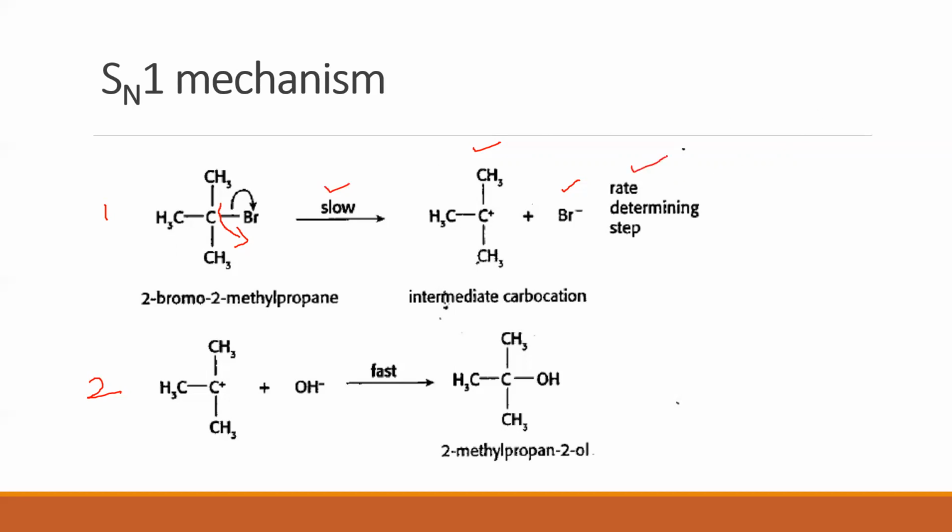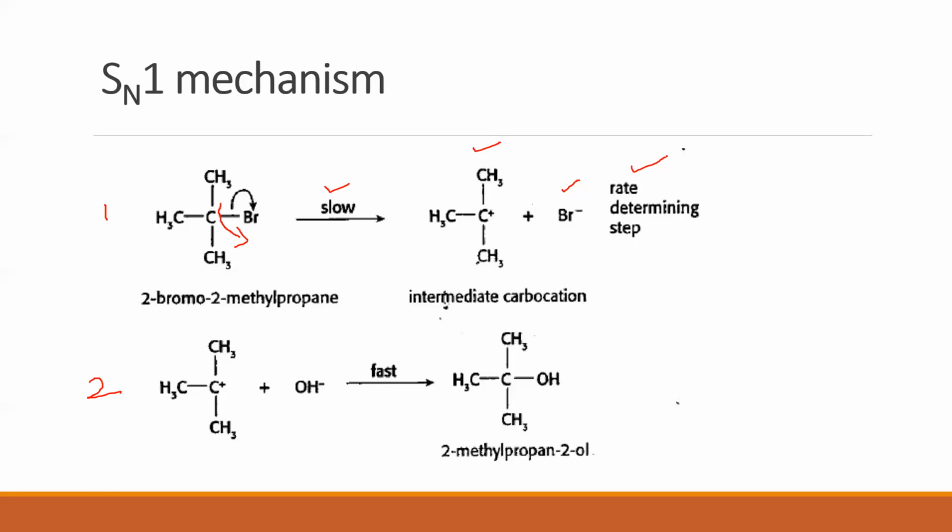So if I have a reaction which follows a series of steps, or a mechanism which follows more than one step, the step that is the slowest will be called the rate determining step. Clear? Now you will understand this better when you do chemical kinetics. When the chapter on chemical kinetics is taught to you, you'll understand what is actually meant by rate determining step.